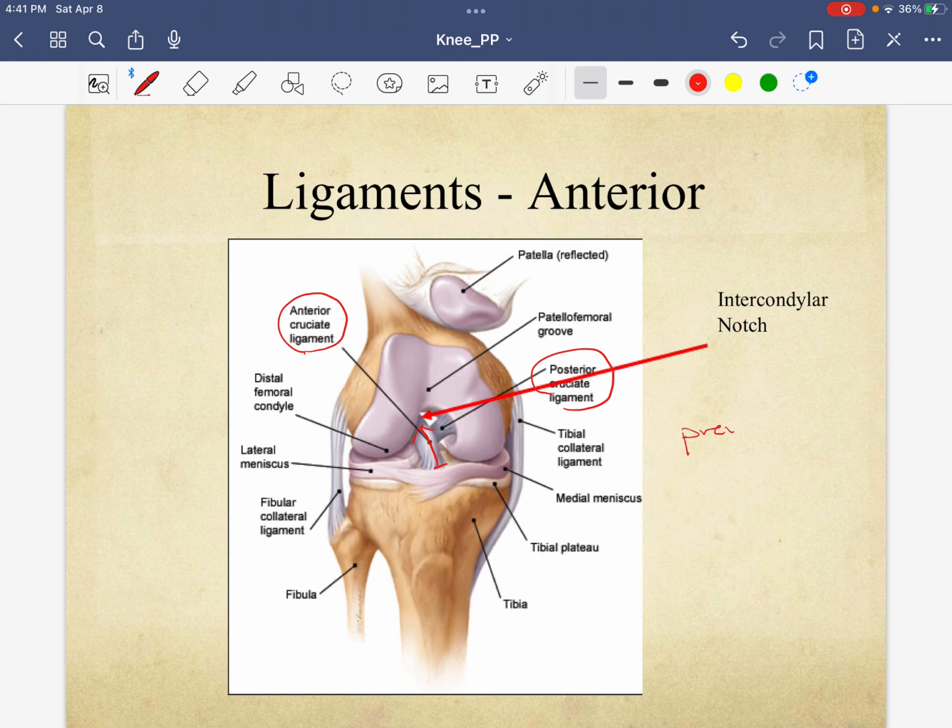Let me write that down for you. They prevent excessive anterior and posterior femoral translation.